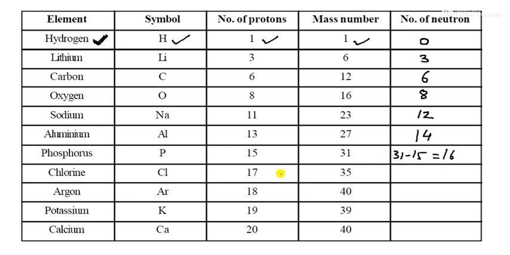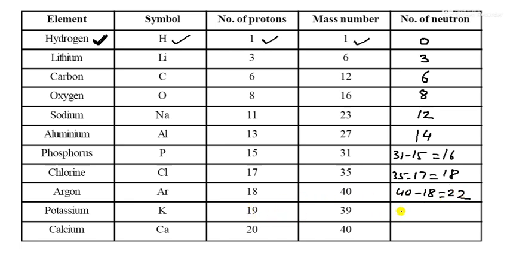And here is 35 and 17, so we get 18. Now here is 40, 40 minus 18, so it is 22.